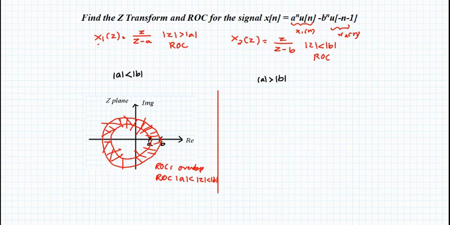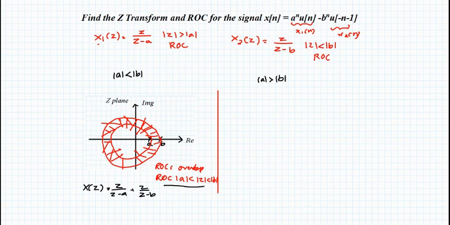So I can write x of z is equal to z by z minus a plus z by z minus b, and the ROC is the strip, which is the common area of these two signals.